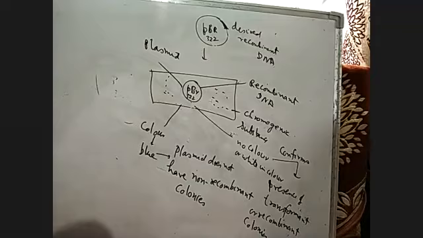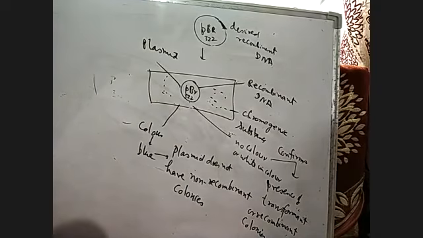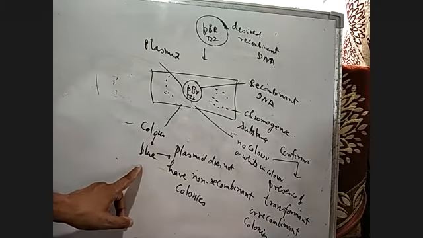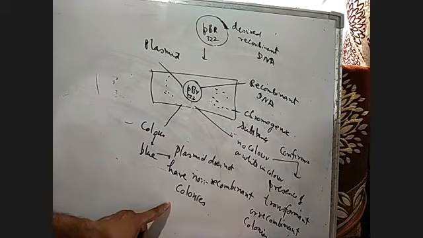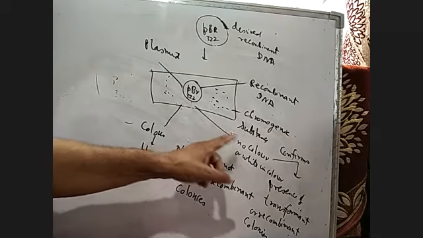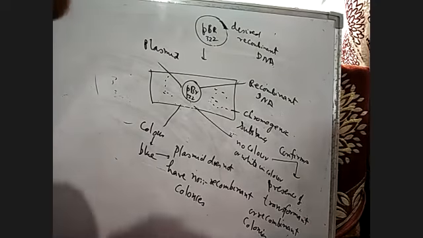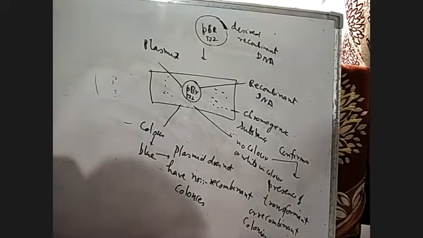Recombinant means they can replicate. Sometimes at the site of recombination there will be an area which will never replicate due to the presence of some non-recombinant molecules. So if the color appears blue, the plasmid does not have recombinant colonies, and if no color or white color, then the presence of the recombinant is there. This is the conclusion they have drawn.